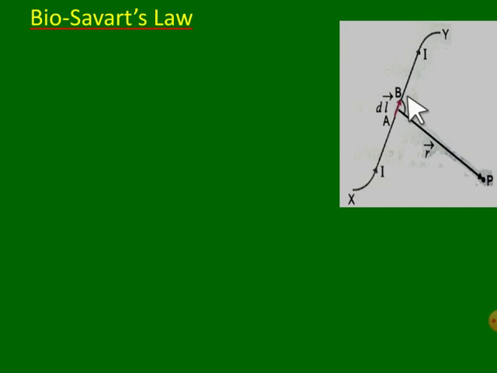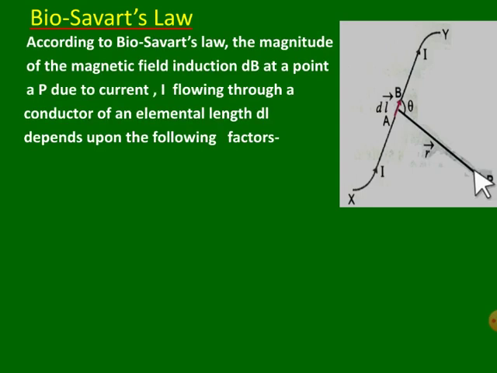Now Biot and Savart found that the magnetic field produced by the elemental current carrying conductor at this point P at distance R depends upon various factors. Let's see.